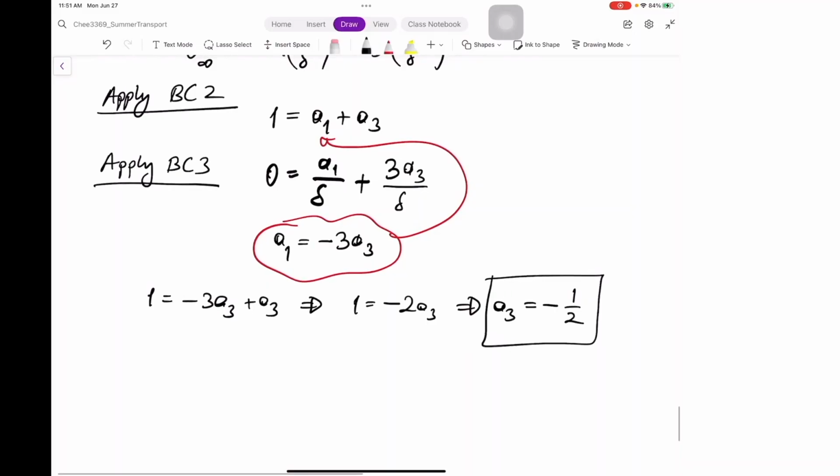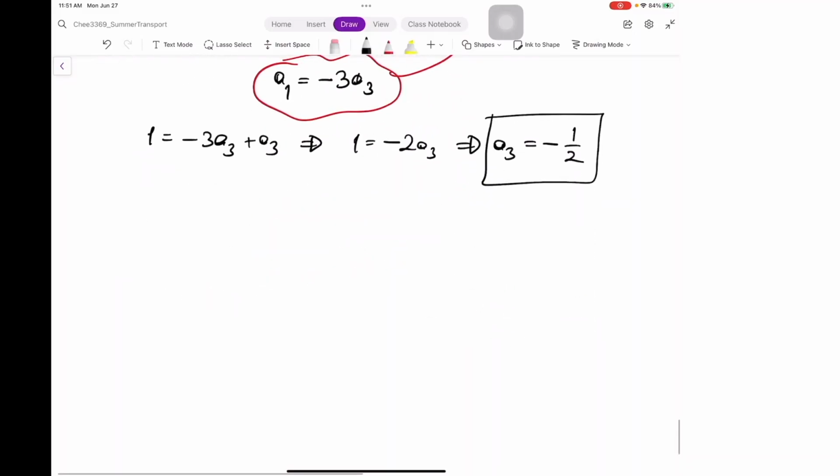And since a1 plus a3 is 1, a1 plus minus 1/2 gives a1 is equal to 3/2.